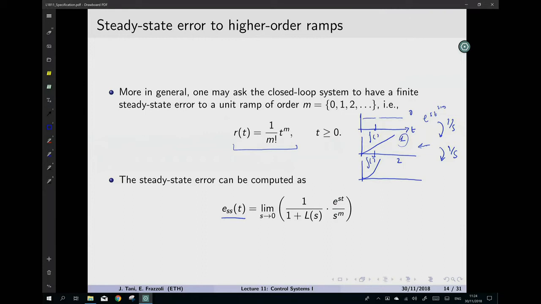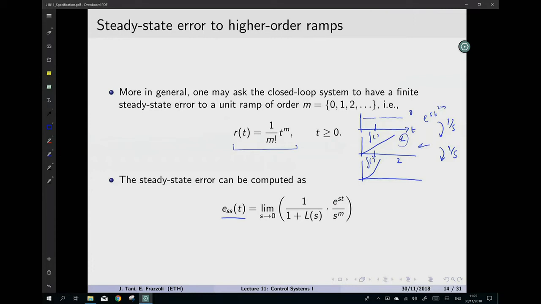Actually, in practice, it's very common to have type 0 ramps in the sense that you want 0 steady state error to a constant input, but it's difficult to imagine situations in which it's important to have 0 steady state error to a line or to a parabola. And maybe a steady state error that is less than some given value for higher order ramps.